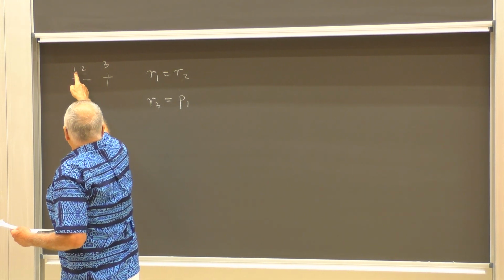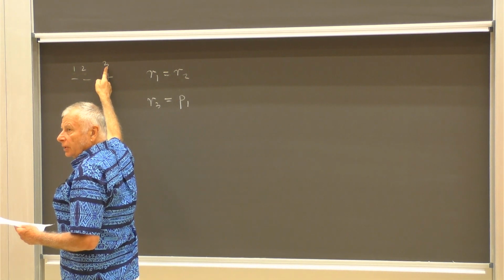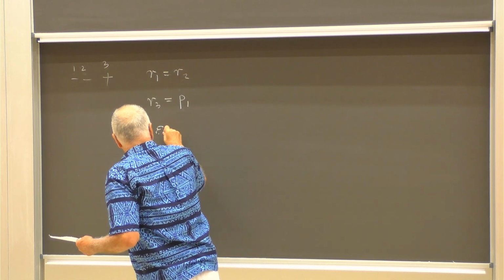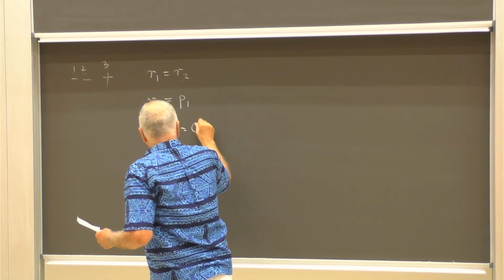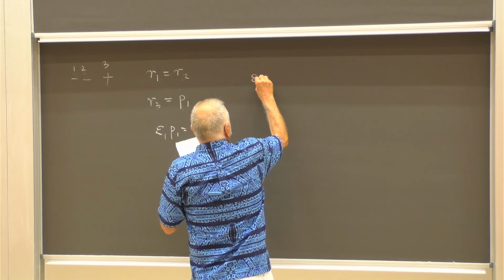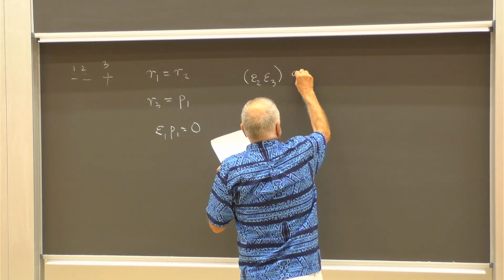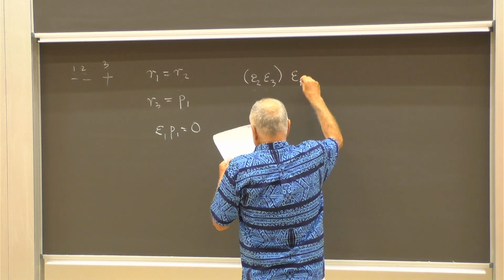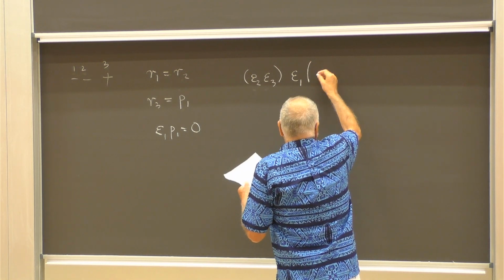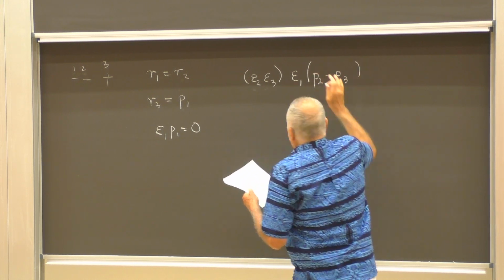I can also contract the first with the third one, but then it will be 0 as well. So the only thing that I am left with is this object, where these two are contracted, and then this always involves the difference of the two other momenta.